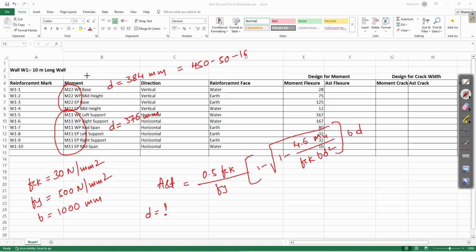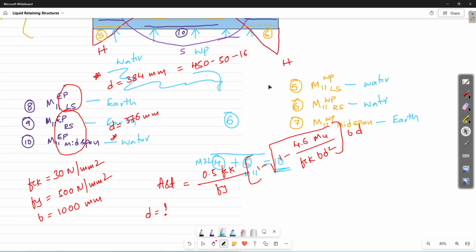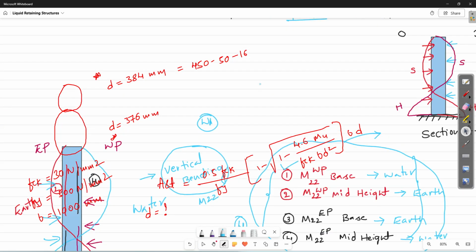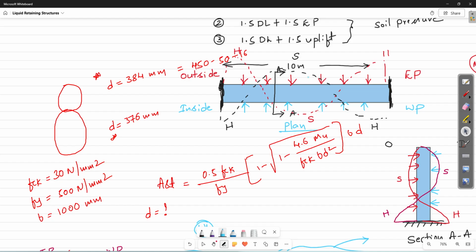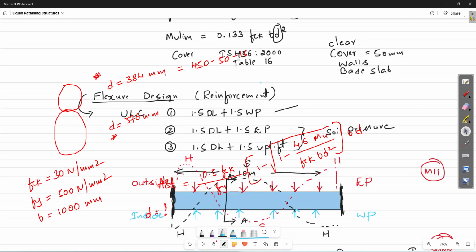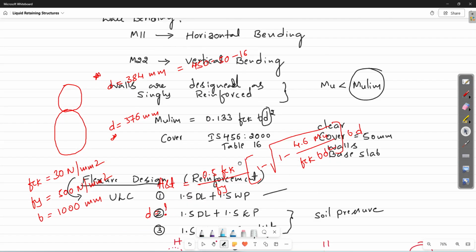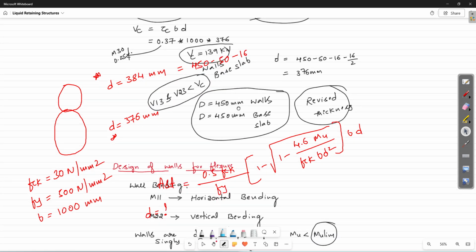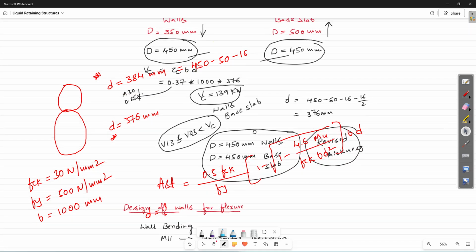I think I have explained this in shear design, where I calculated the effective depth values. So let me check. Yes, 376.